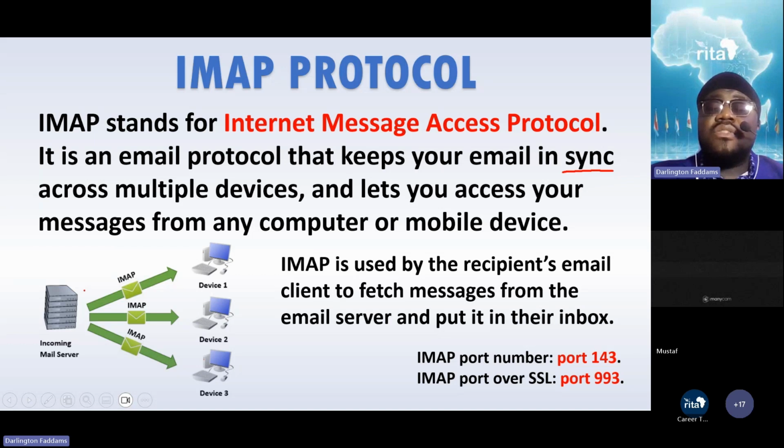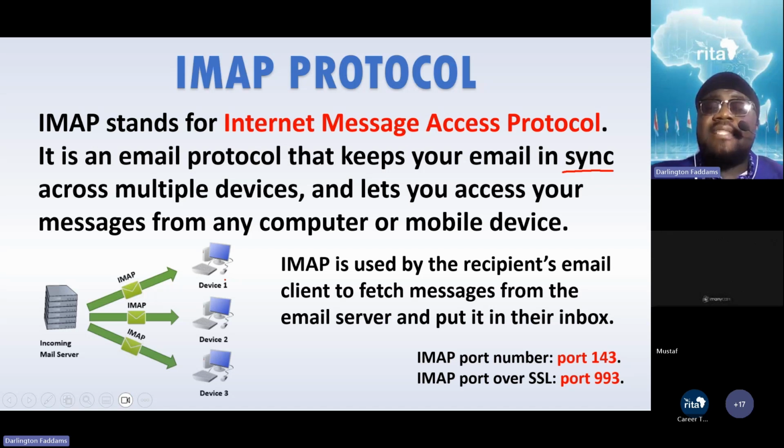IMAP only allows you to get the headers of the message. And it will do what is called caching. It will cache the headers of the message. By the headers, I mean the subject, the date, and allow you to see it in your inbox.